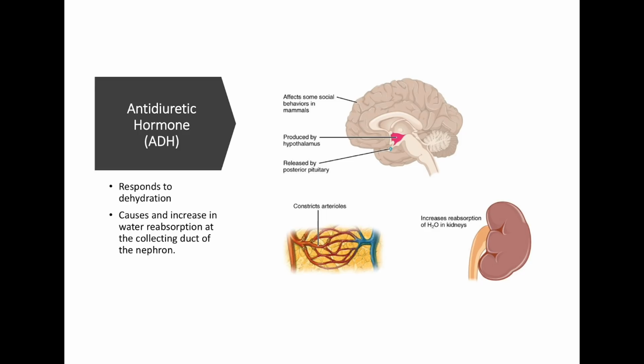And also you will see a more concentrated urine because more water is going back, reabsorbing back into the system. So your urine will appear dark. Now, if your urine is dark, just know that your antidiuretic hormone is one of the hormones that are working in your favor.